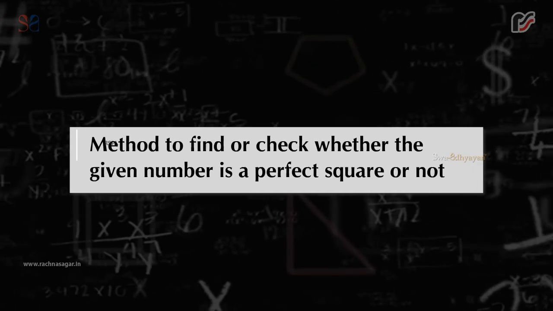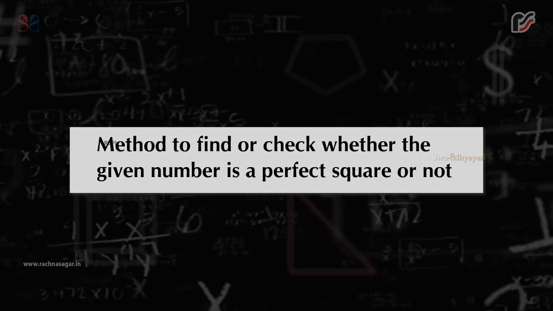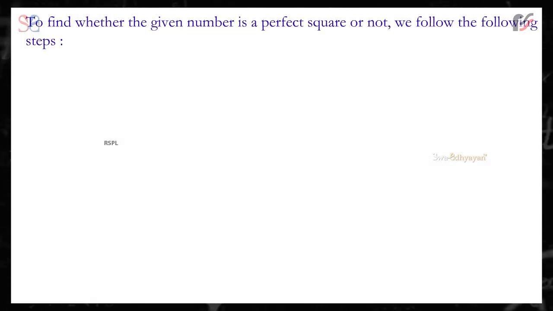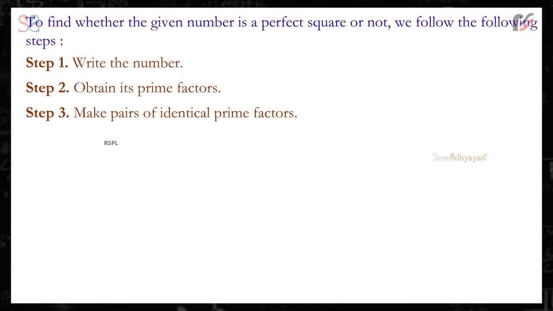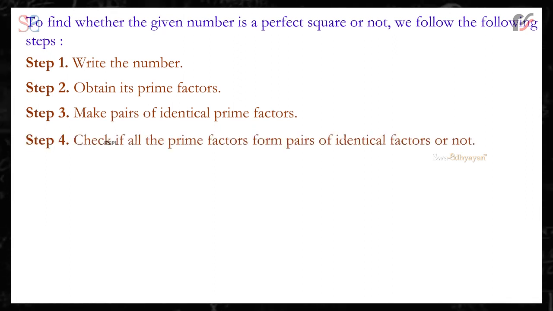Method to find or check whether the given number is a perfect square or not. To find whether the given number is a perfect square or not, we follow the following steps. Step 1. Write the number. Step 2. Obtain its prime factors. Step 3. Make pairs of identical prime factors. Step 4.